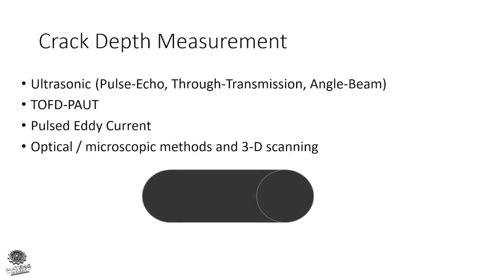Crack depth measurement. The objective is quantitative determination of crack depth to evaluate risk and inform repair or replacement decisions. Common approaches include conventional ultrasonic techniques, TOFD and phased array ultrasonic testing, PAUT, eddy current and pulse eddy current, and optical or microscope methods and 3D scanning.